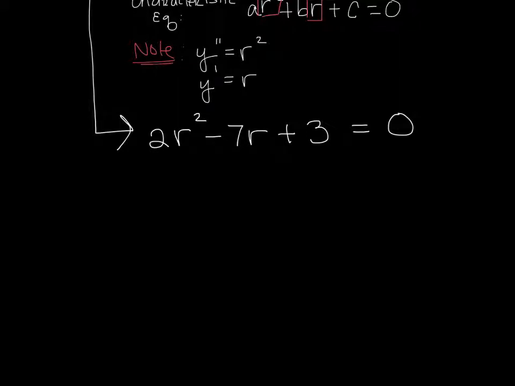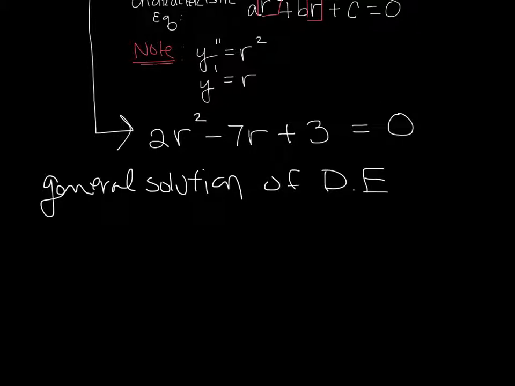So when they ask for the general solution of a differential equation in this section, you have to ask yourself, is it going to be theorem 5 or is it going to be theorem 6?